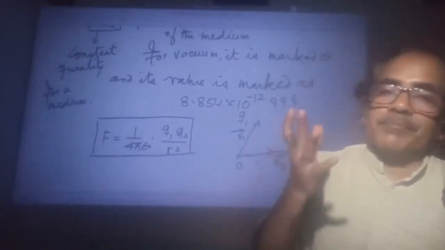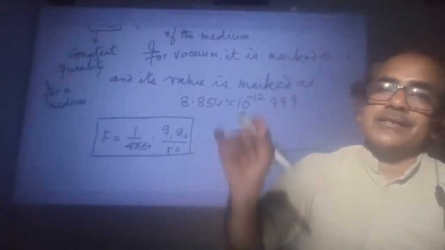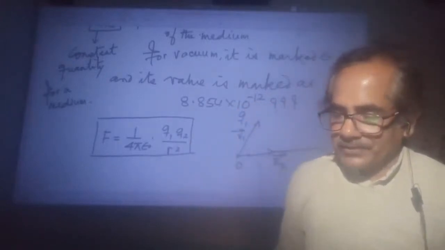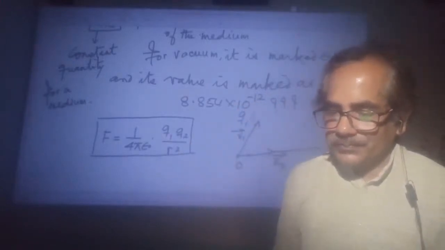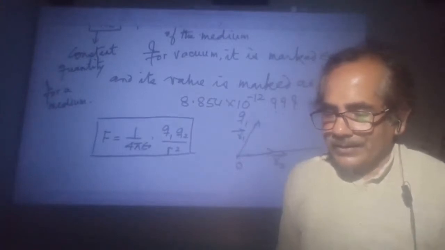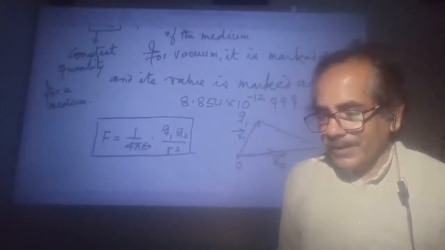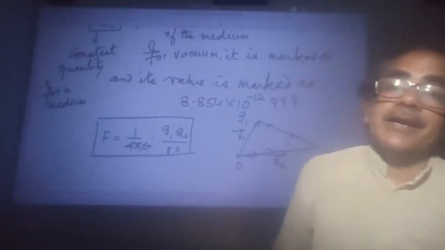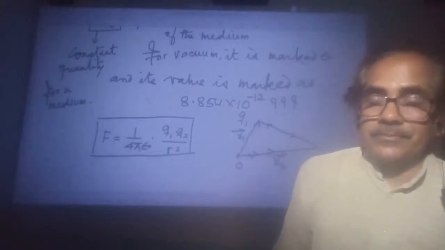Similarly, the positions of the two charges are expressed by position vectors R1 and R2, and the resultant will be either in this direction or in this direction depending on the situation.